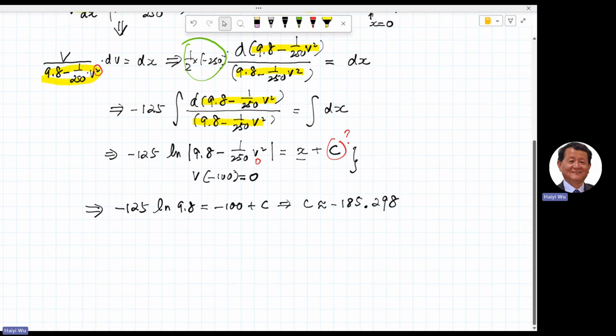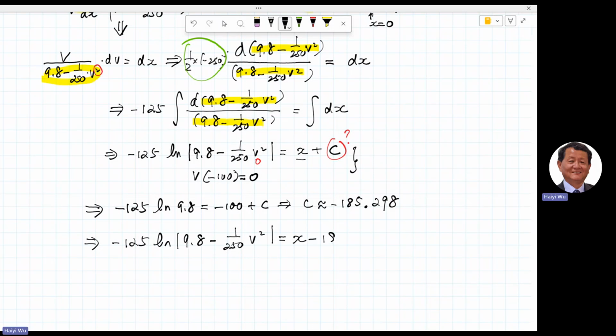So now we have the relationship between velocity and x. Our equation will be negative 125 log of 9.8 minus 1 over 250 v squared equal to x minus 185.9298.